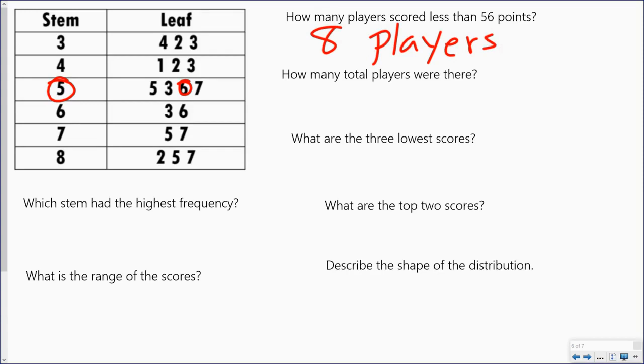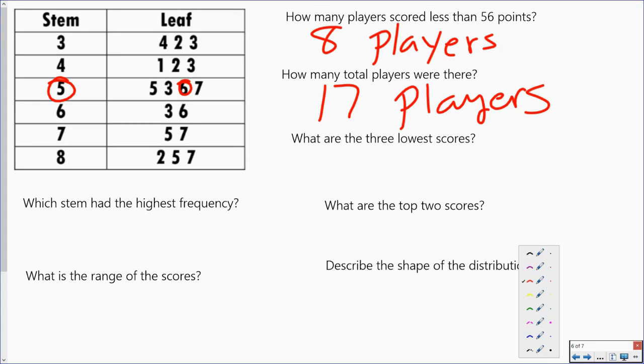How many total players are there? Well, I need to count all of the leaves because those represent each one of the players. And when I do that, I come up with 17 players. What are the 3 lowest scores? So again, lowest scores mean minimum.